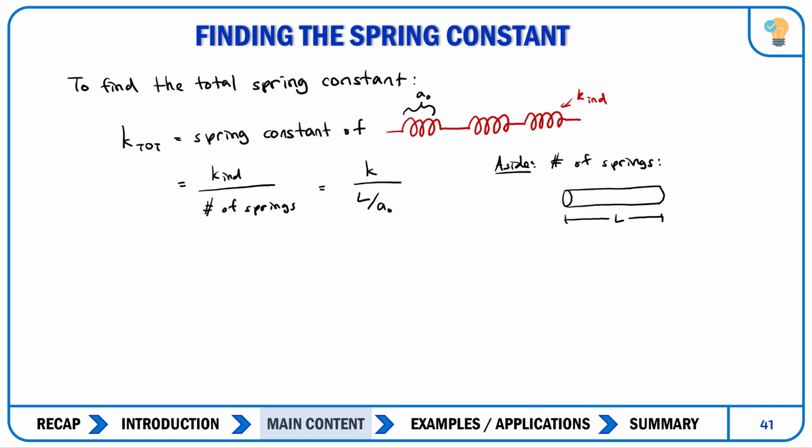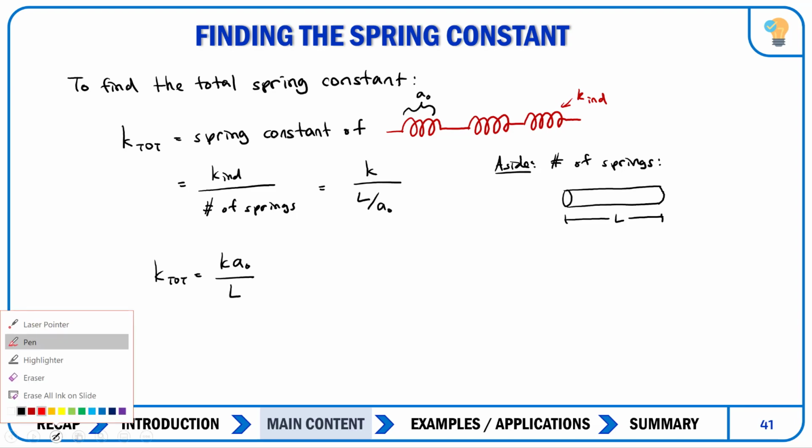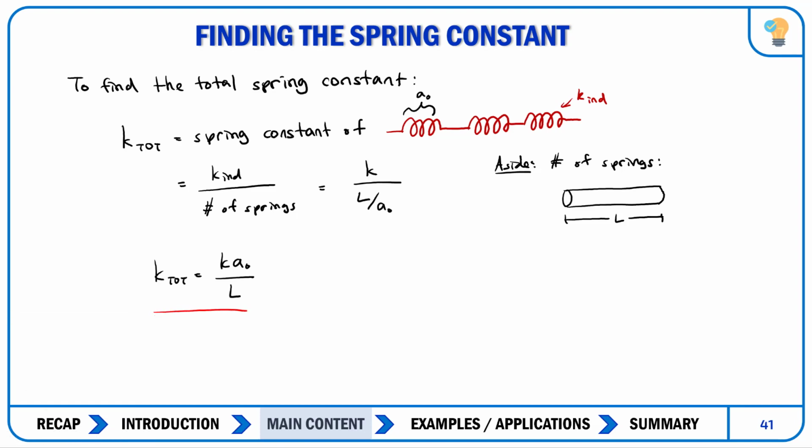So that means K total is going to be equal to K A naught divided by L. And now we have an equation to calculate not just our individual spring constants, but the total spring constant as well.